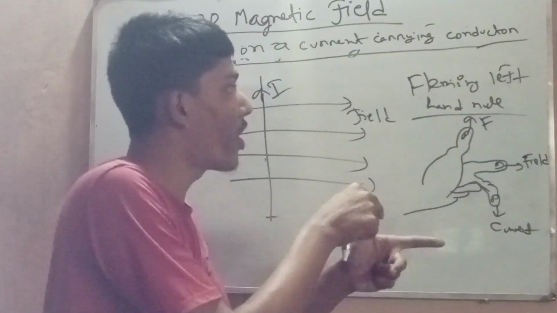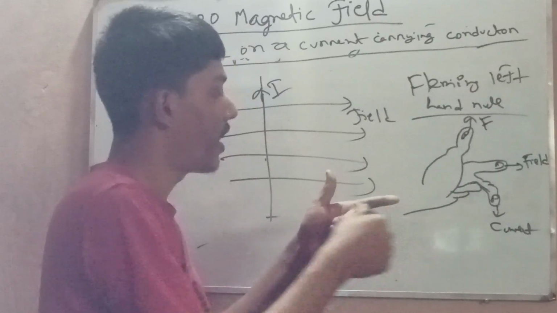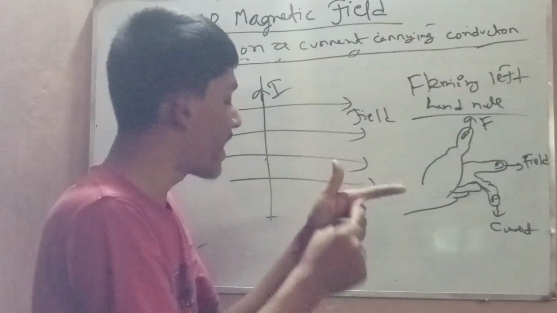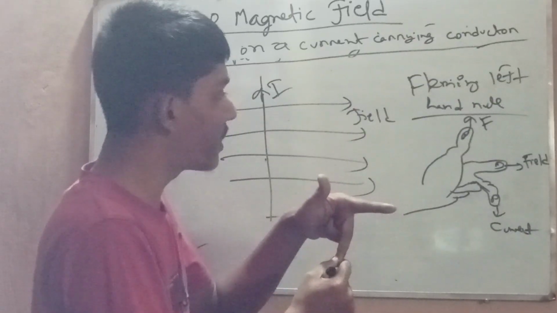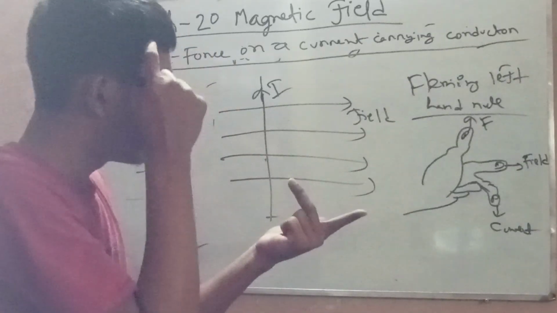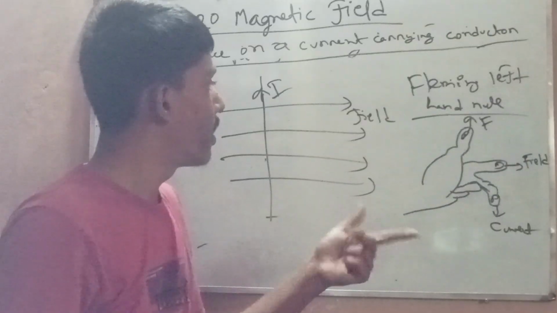The index finger points towards the field direction, the middle finger points towards the current direction, and the thumb will give the direction of the force.